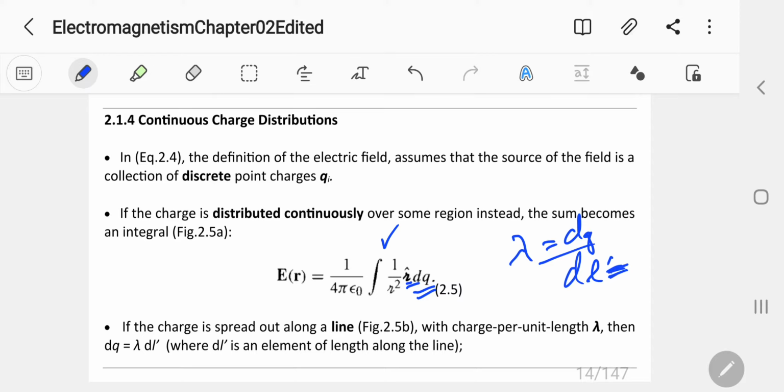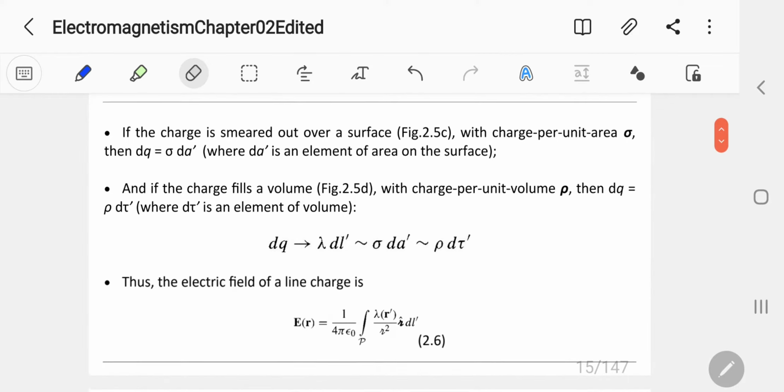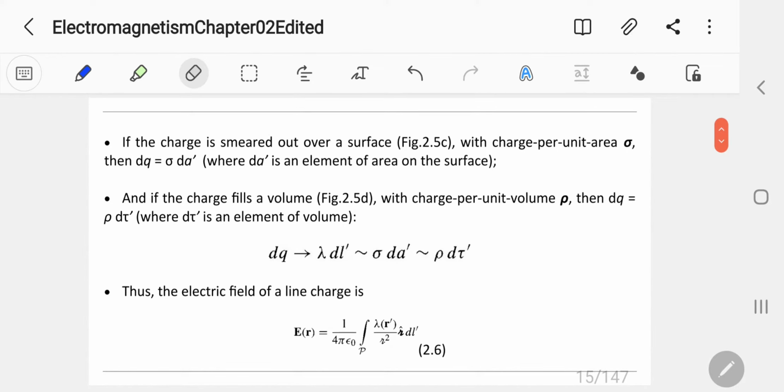This is the source charge. So your dq will be lambda dl prime. So you have to replace dq here with lambda dl prime. We can see that in the next slide.